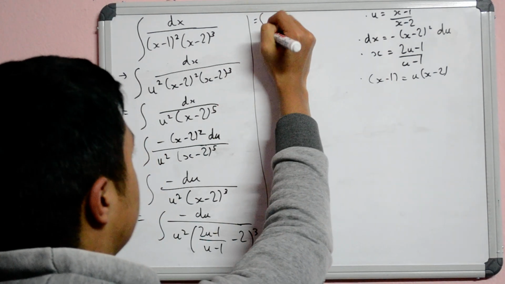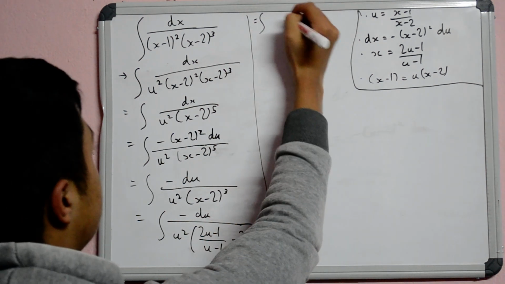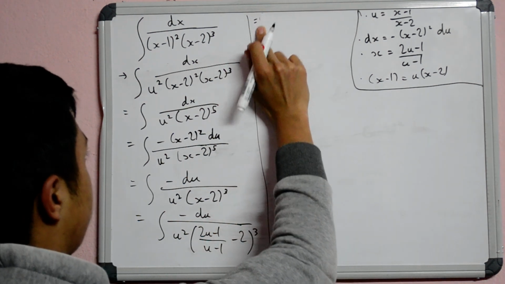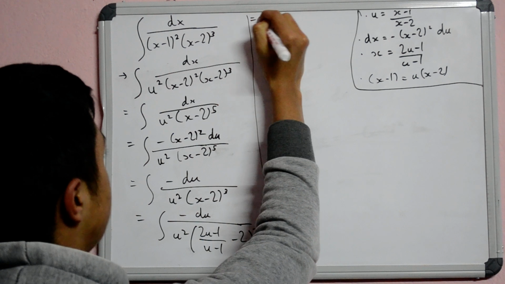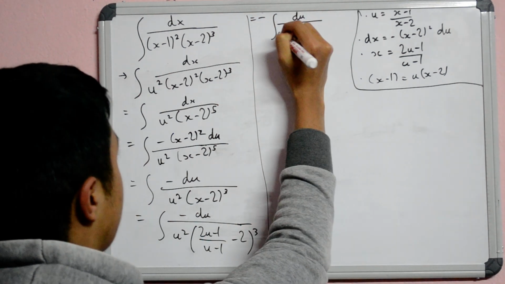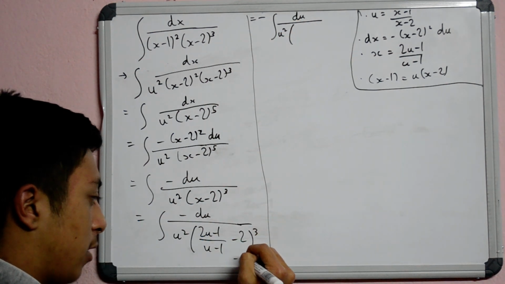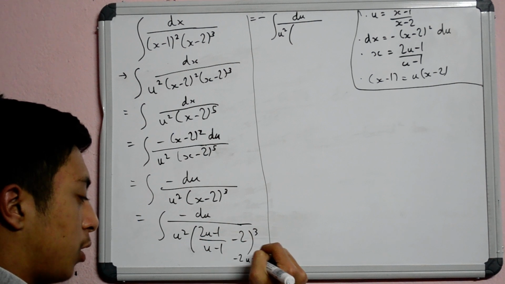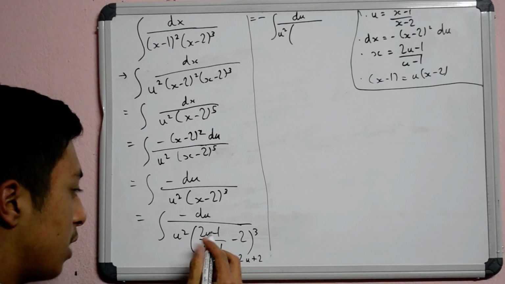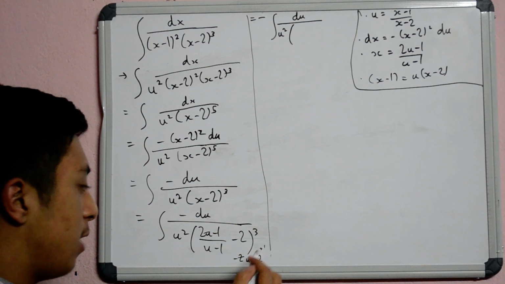So this is equal to, in fact, I like to keep the minus outside, so minus the integration of du by u square. Here this becomes minus 2u plus 2, and 2u minus 2u cancels, minus 1 plus 2 is plus 1.